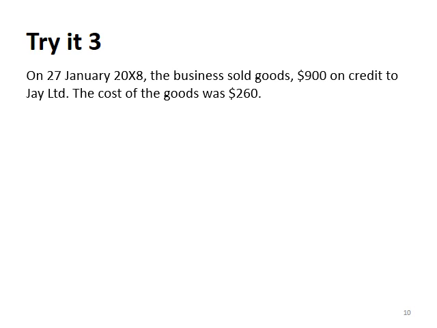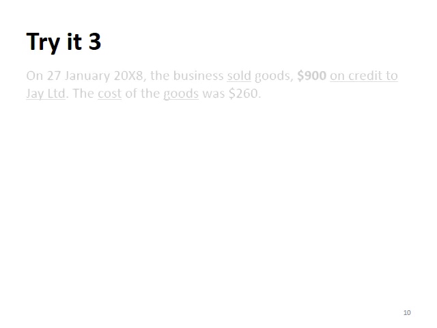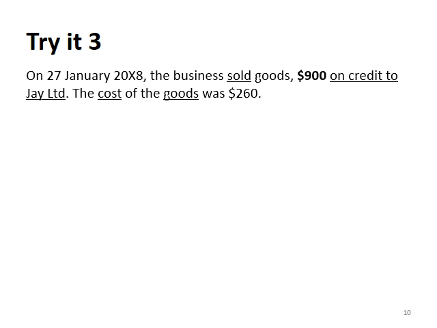Alright, please remember that this is a special transaction. In every sale, the business will record 4 accounts instead of what is normally seen, 2 accounts. If you have seen it just now, you would have underlined sold, on credit to J Limited, cost, and goods.